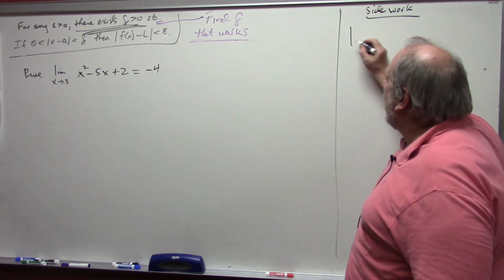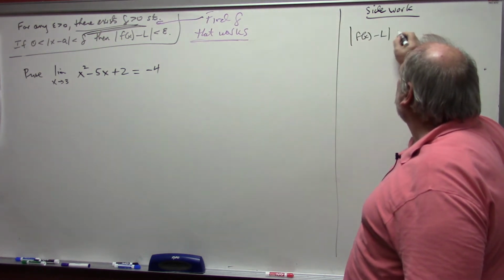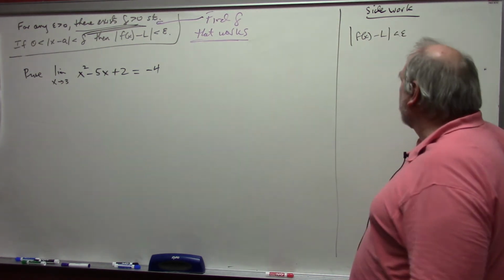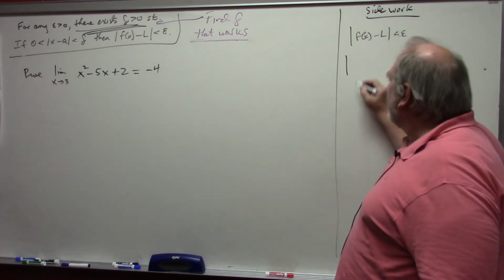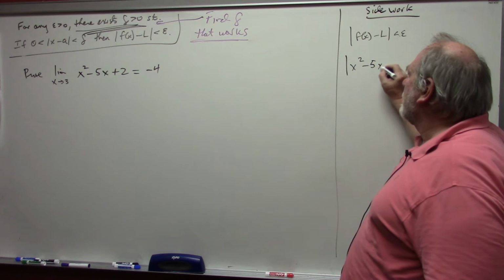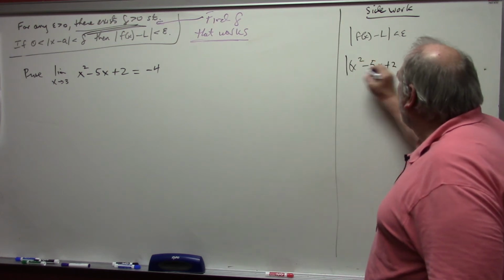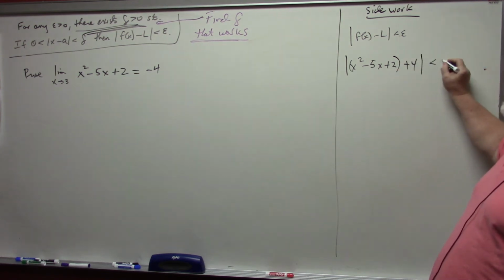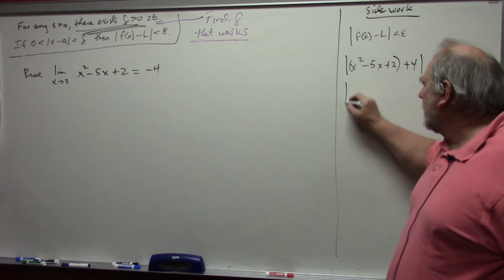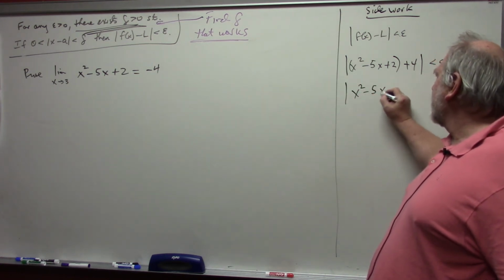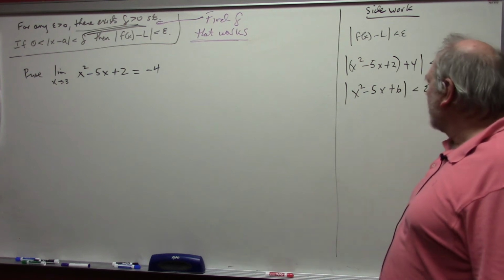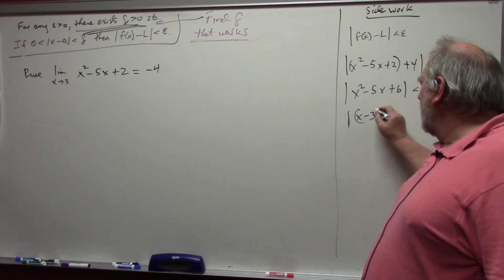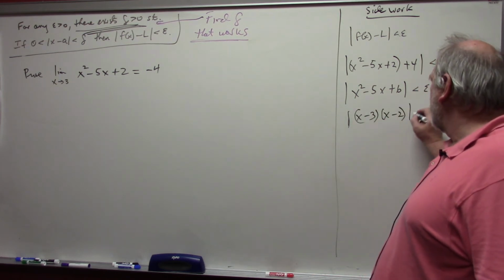But we still have the absolute value of f of x minus L less than epsilon. That's our ending point, so that's our starting point when we go backwards with the side work. In this case, the absolute value of x squared minus 5x plus 2 minus a negative 4 is less than epsilon, which gives me the absolute value of x squared minus 5x plus 6 is less than epsilon, which factors nicely: x minus 3 times x minus 2.